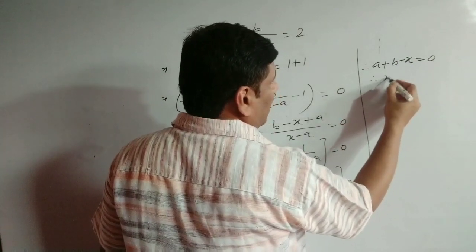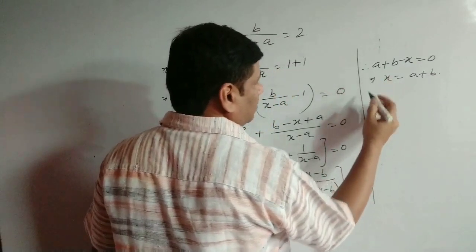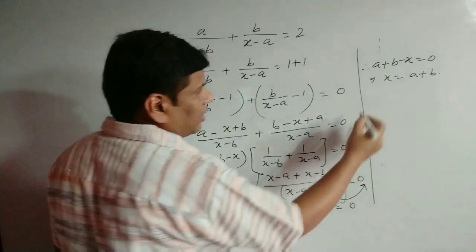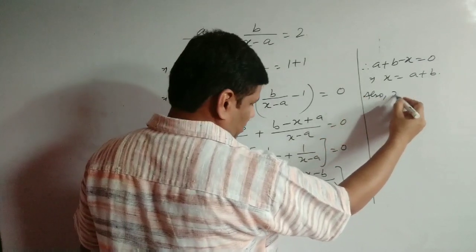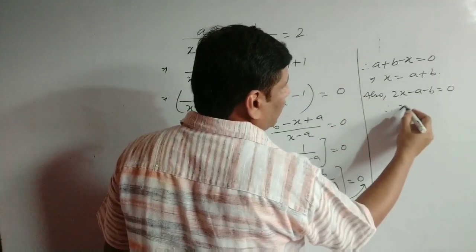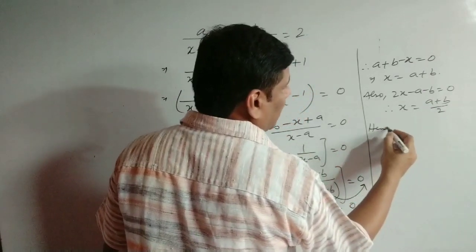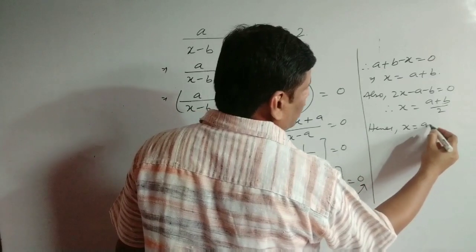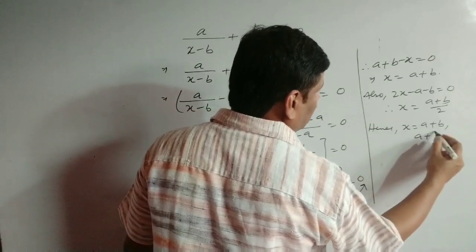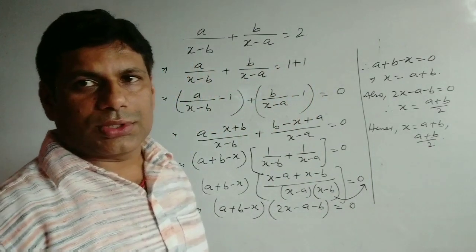Therefore x equals a plus b in the first case, and in the second case 2x minus a minus b equals 0. Therefore x equals (a plus b) by 2. Hence we can write x equals a plus b or (a plus b) by 2. So this is the solution of this question.